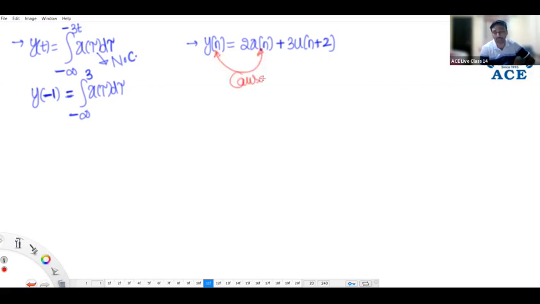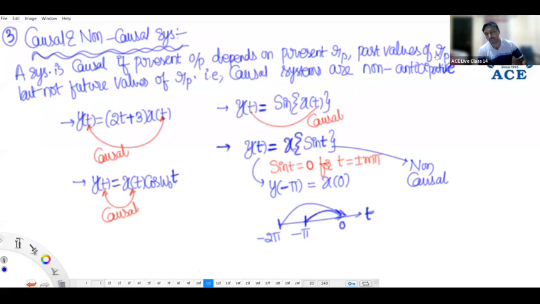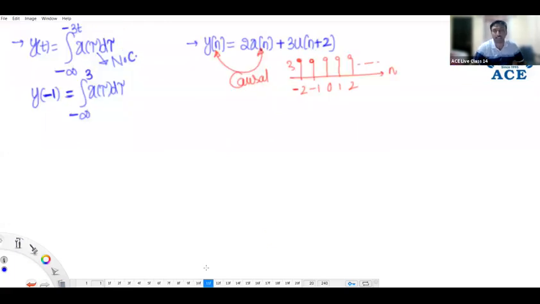This is some extra signal; we don't bother about it. We stated present output should depend on present input, not on an external signal. A system is causal if the present output depends on present input and past values of the input. We don't bother about the additional signals that are added. So it is a causal system.